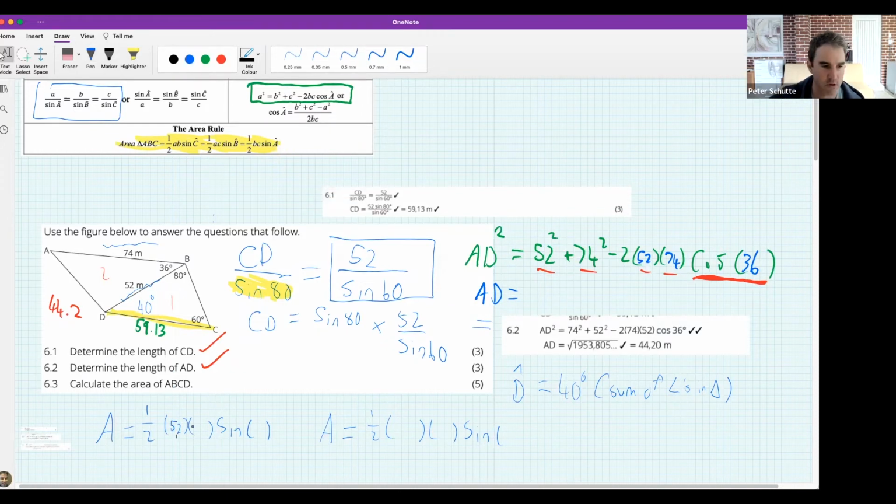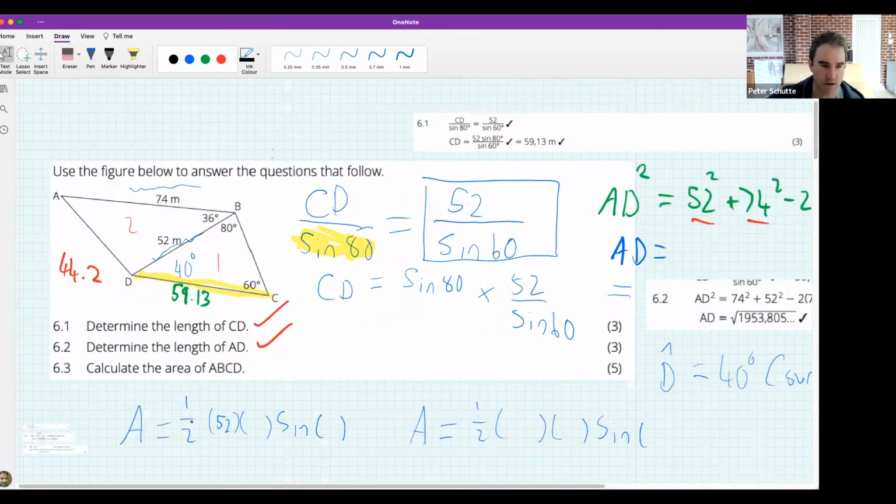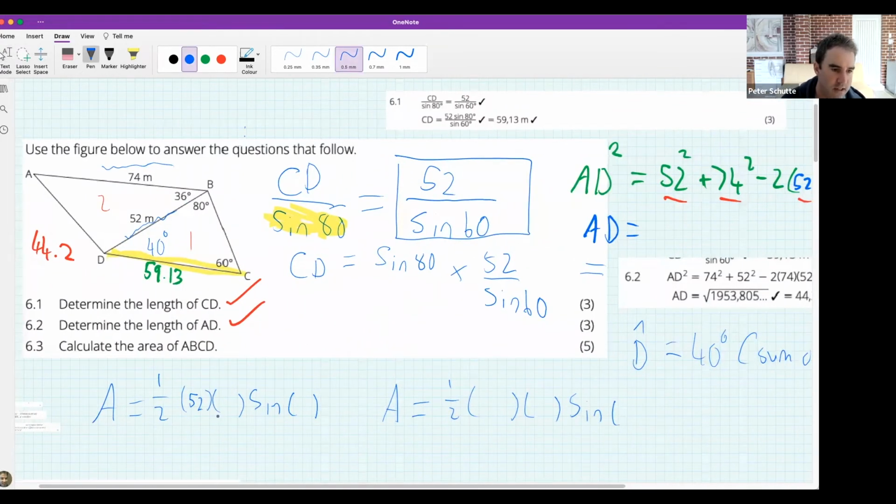And then the other amount, I'm just going to zoom in because I'm running out of space. So 52, and then this one is 59.13, which you worked out. And what's the angle between those two? It's just going to be the sine of 40. So that would be the area of the one triangle. Then I want you to think, what's the area of the other one? And then what do you get if you add them together?